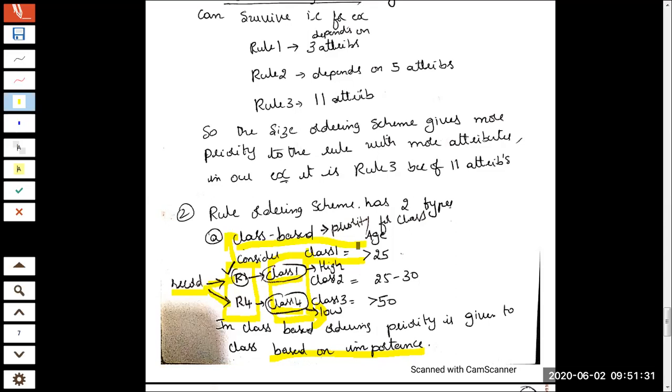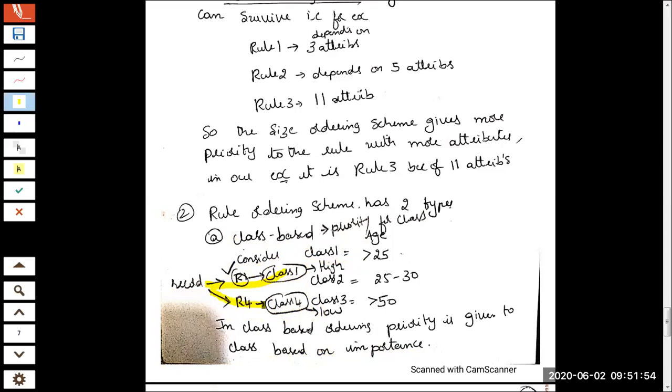Once again, how is the conflict resolved? Consider the same situation. We have a record here. The record is triggering two rules, R1 and R4, as you can see on the screen. R1 is taking this record to class 1 and R4 is taking this record to class 4.